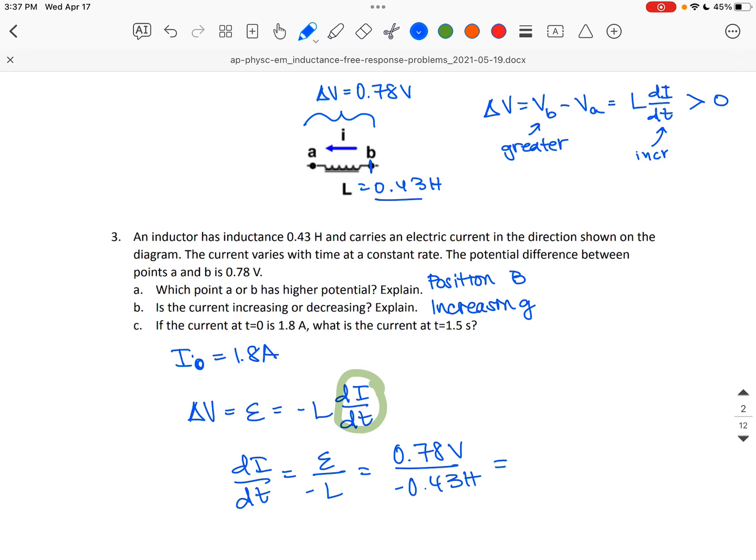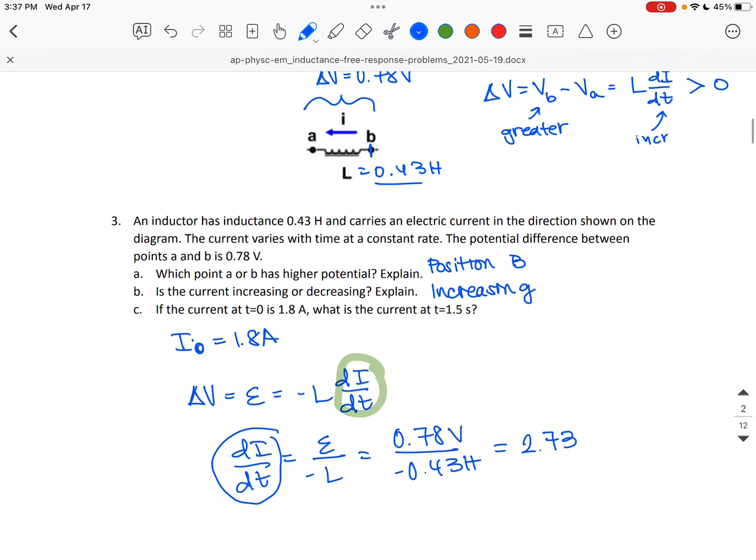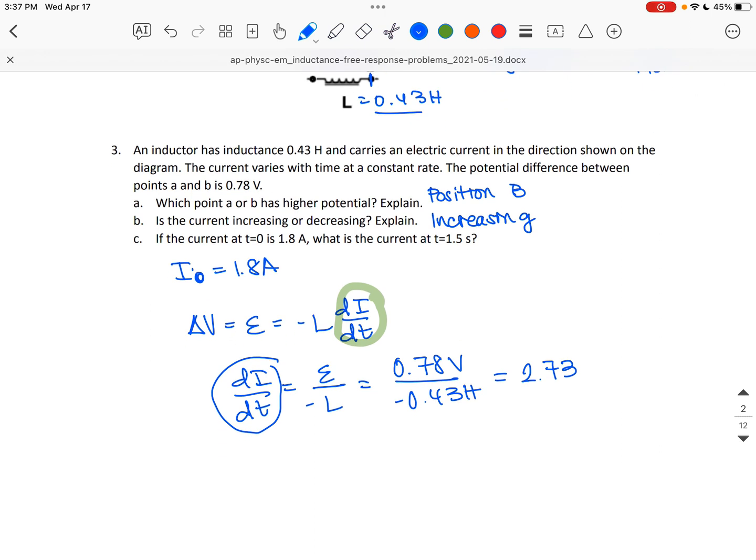If I take this division, I get 2.73, and that's equal to my change in current over change in time. What I also know, and I can add this in here, is that the change in time is 1.5 seconds.